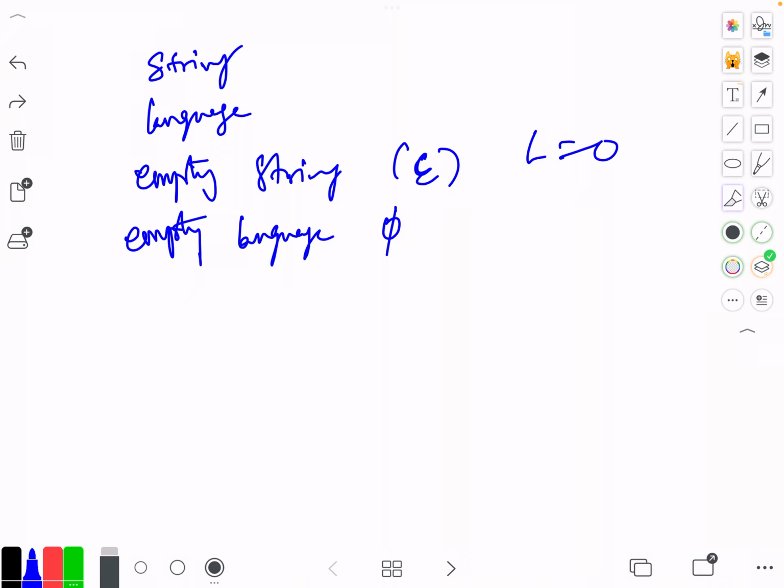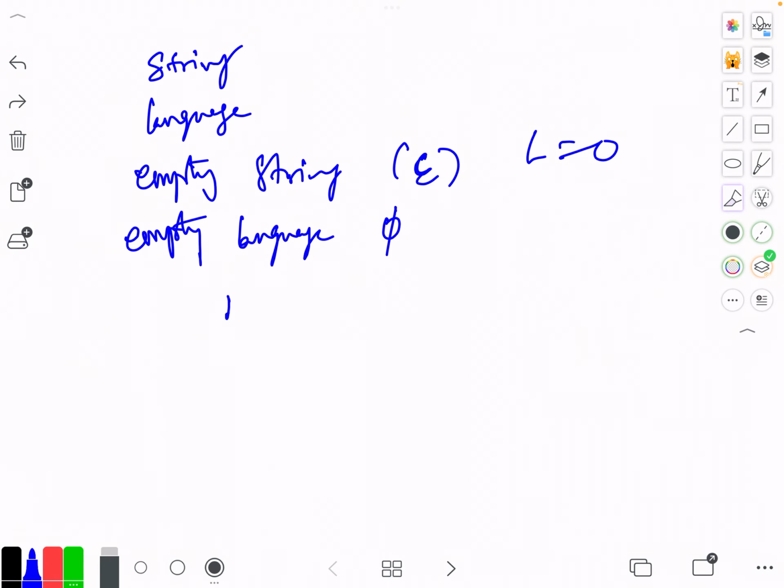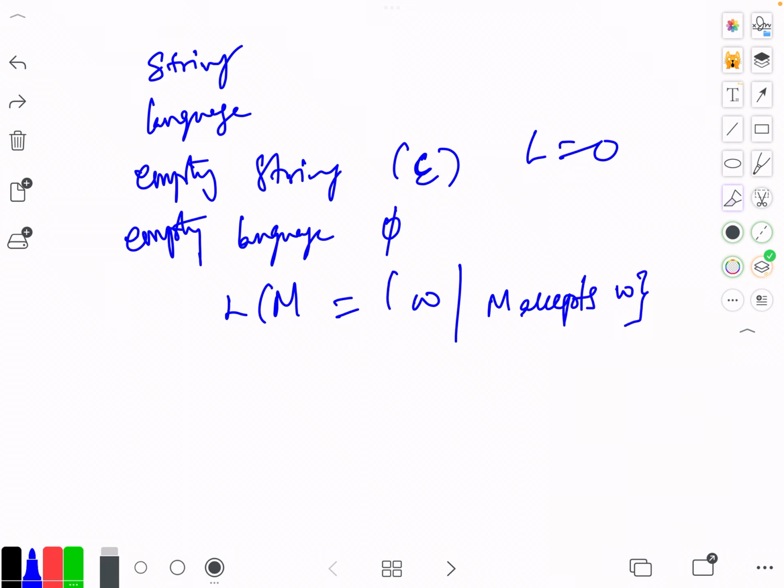So let's say we have to recognize a language, where L of M is equal to the set of W such that M accepts W. Which is nothing but A, if you see it in another sense.